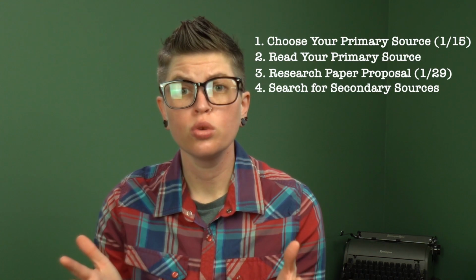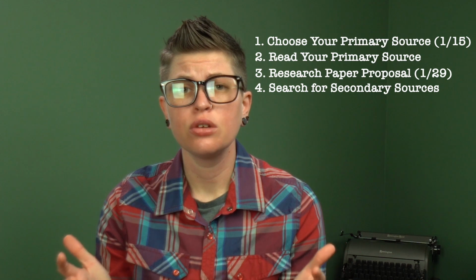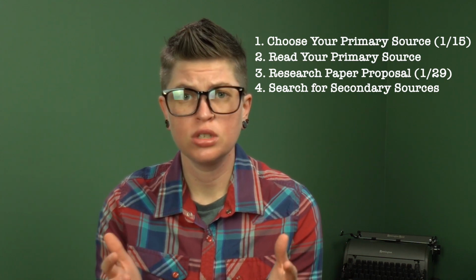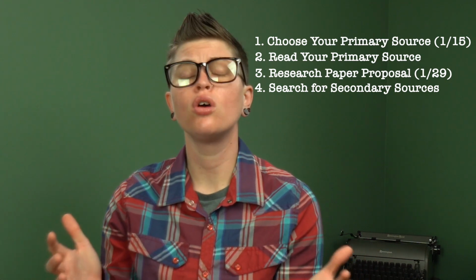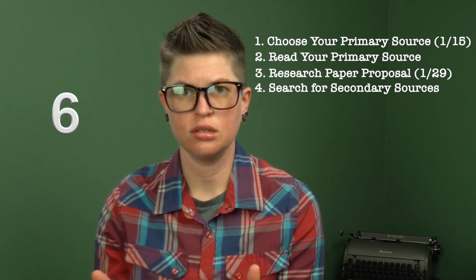Once we've submitted our research paper proposal, we want to think of some keywords and things like that that we can use to search for sources. How many secondary sources do we need for this particular assignment? The research paper calls for 6 secondary sources. So you want to make sure that you've found all 6 that you think you'll want to use by February 5th.